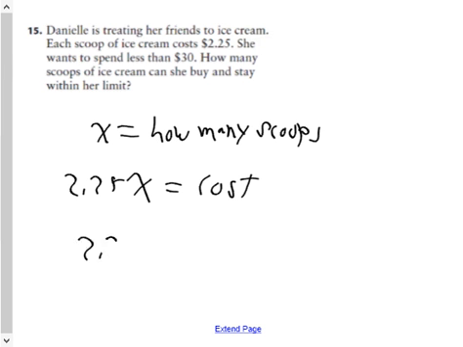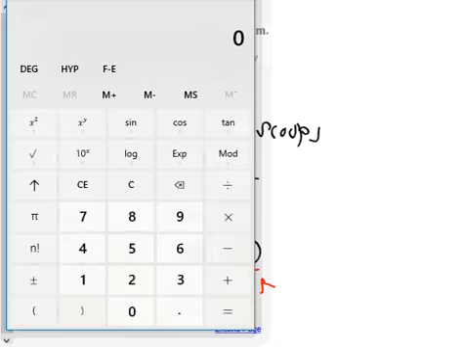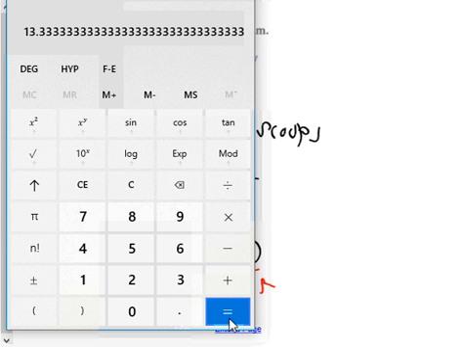So therefore, this cost has to be less than. Can it be equal to? No. So the cost she spends on ice cream has to be less than $30. Isolate. And X will be less than 30 divided by 2.25.